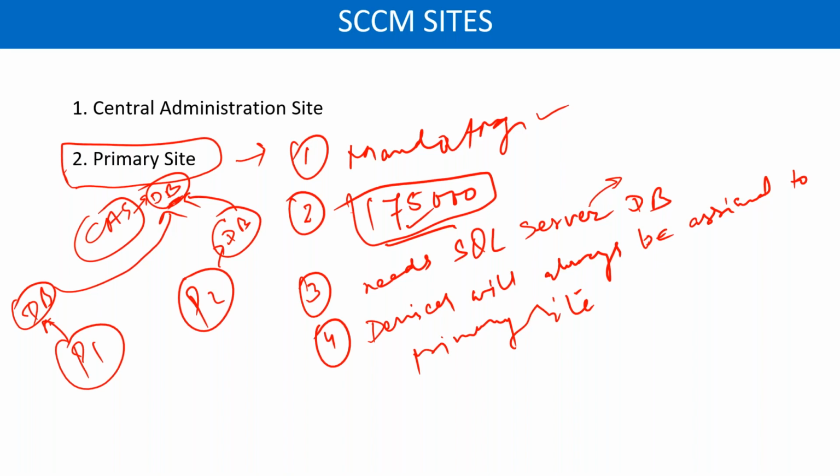Suppose you are using 2016 and you would like to upgrade, you upgrade it here, then you upgrade this one, and then this one. Separate process. Similarly, if you upgrade the SCCM central administration site, then you update the primary site. It won't upgrade the primary automatically. Clear? Yeah.